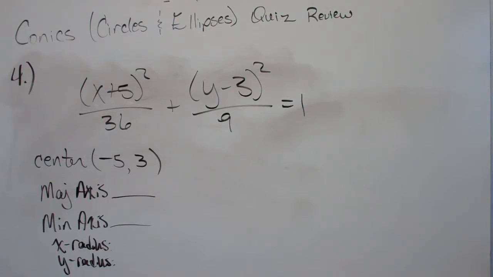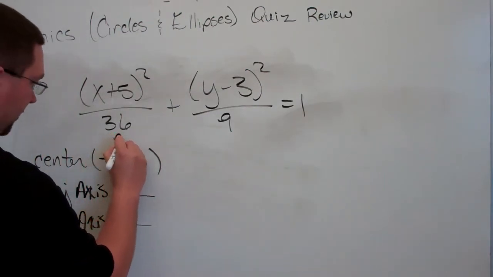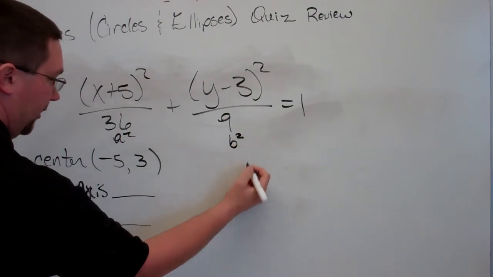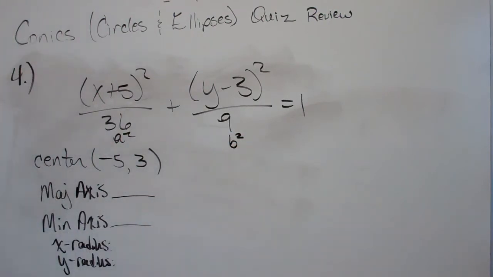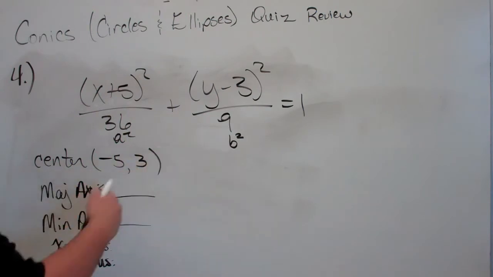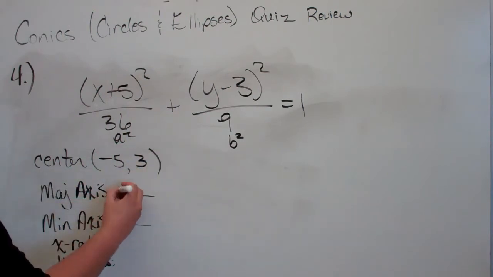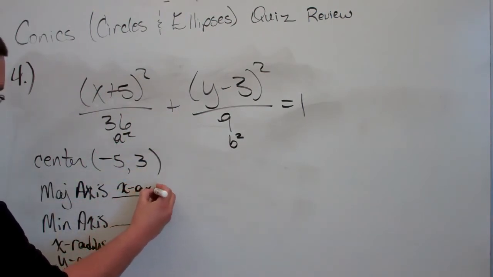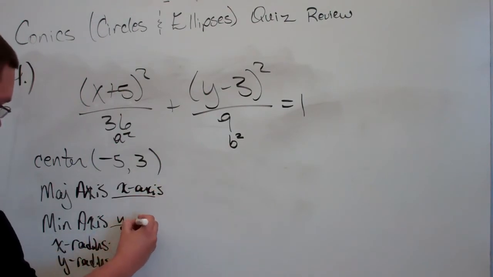Now, major axis. Remember, this is a squared, and this is b squared. Your major axis is simply which one is bigger. Since a is bigger, because a is 6, whereas b is 3, that means our major axis is the x-axis, and our minor axis is our y-axis.